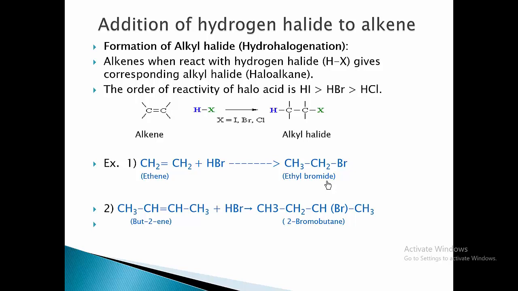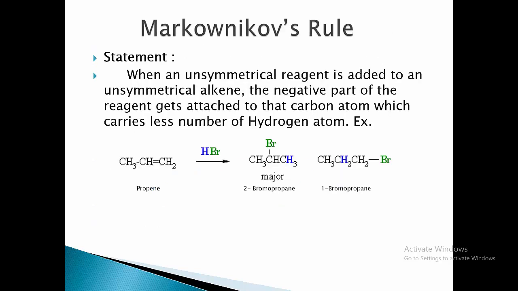Second example, when but-2-ene, that is CH3CH=CHCH3, is treated with HBr, it gives 2-bromobutane, that is CH3CH2CHBrCH3. Now here addition of these hydrogen halides across the double bond of alkene takes place according to Markovnikov's rule.